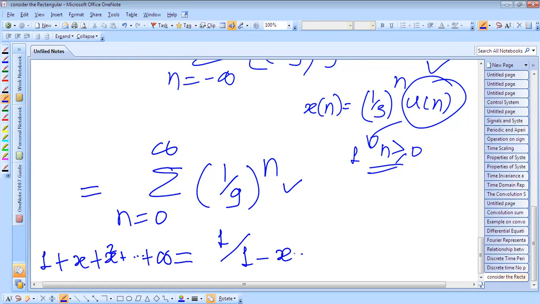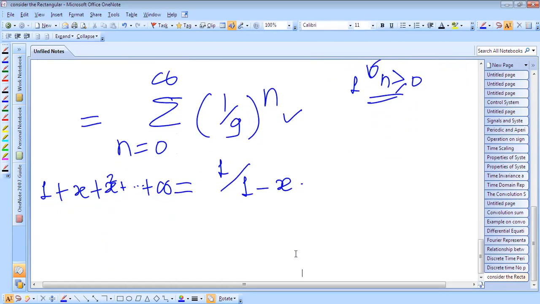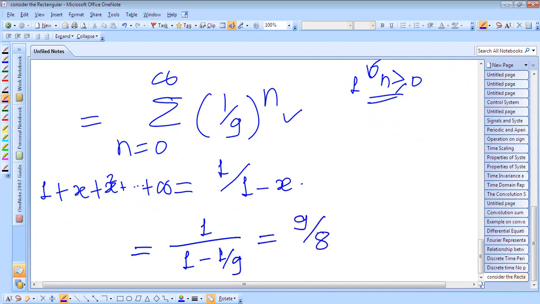So instead of this, 1 upon x raised to power n, we can write 1 over 1 minus 1/9, and this value comes to 9/8.